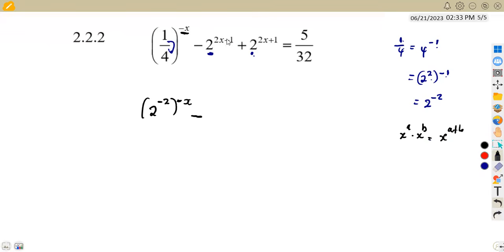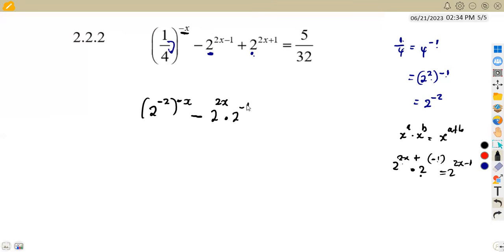If you simplify 2 to the exponent of 2x by 2 to the exponent of negative 1, you add 2x plus negative 1, and this will give us 2 to the exponent of 2x minus 1. So the same 2x minus 1 can be split as 2 to the exponent of 2x multiplied by 2 to the exponent of negative 1.